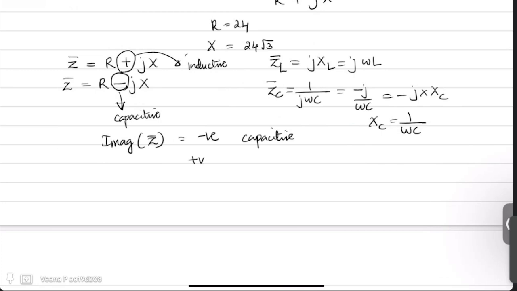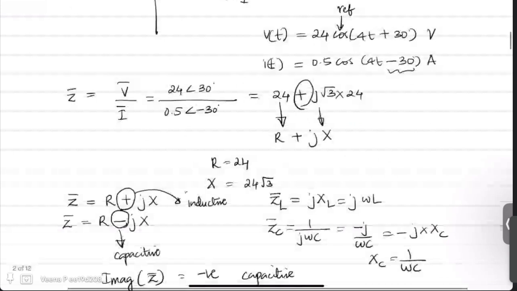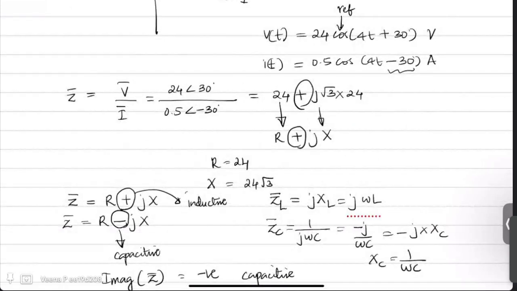If it is positive, then the circuit is inductive. So in the given problem, you have a positive sign. That means the circuit is inductive. So your element Q is an inductor.